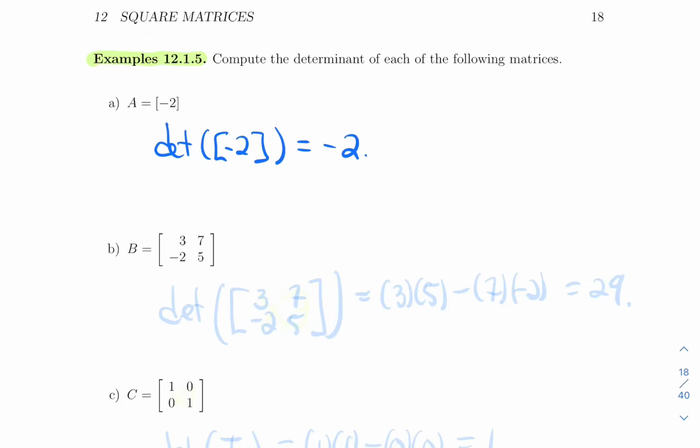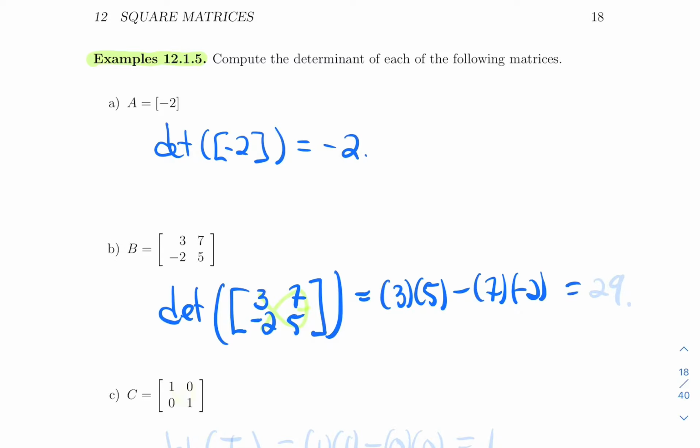So let's compute the determinant of 3, 7, minus 2, 5. So if I use the fish idea here, you're going to get 3 times 5 minus 7 times minus 2, so you're going to get 29.